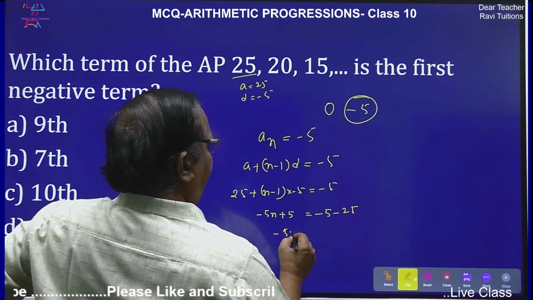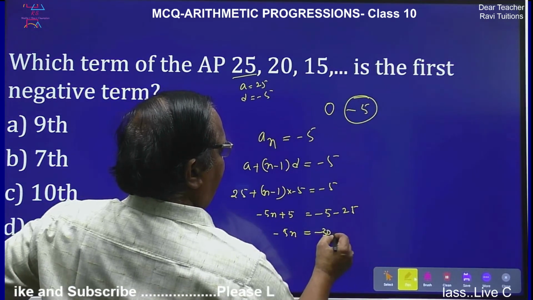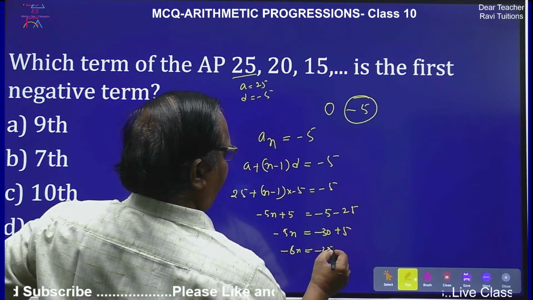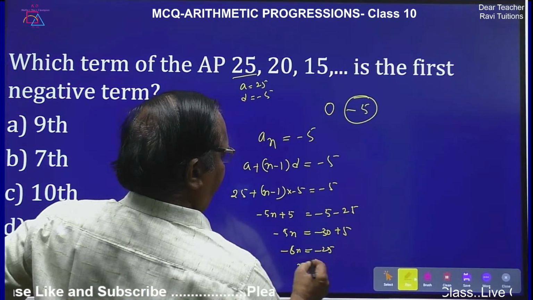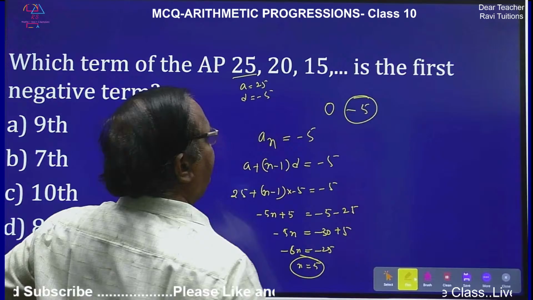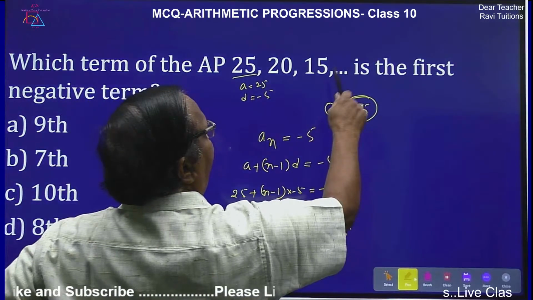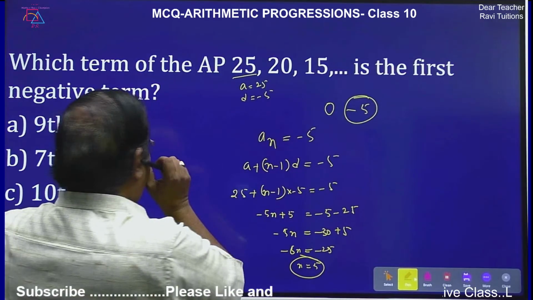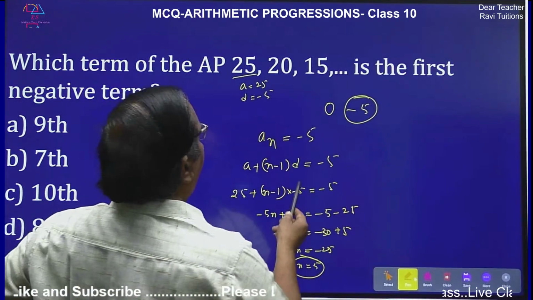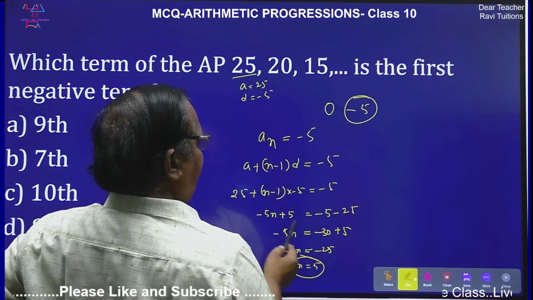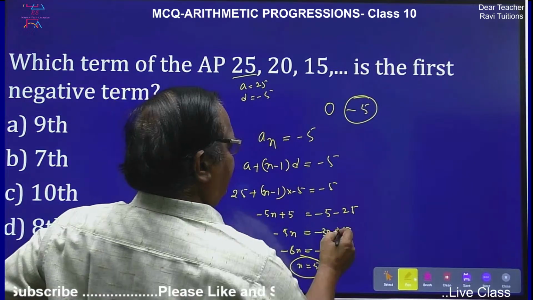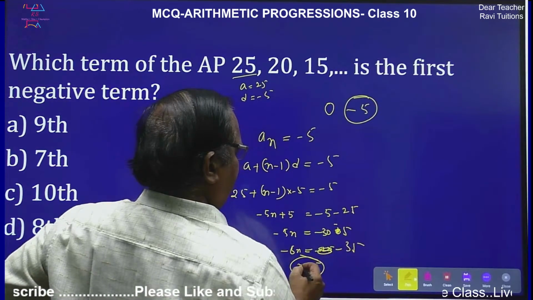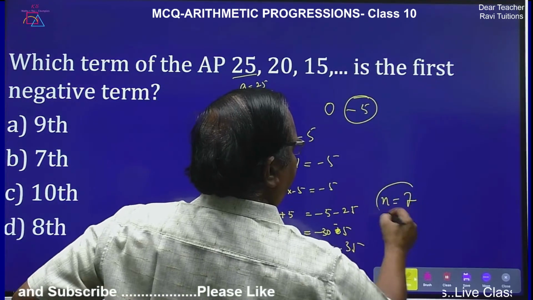Minus 5n plus 5, if it goes to the other side, this is minus 5, so minus 35 and n is equal to 7.